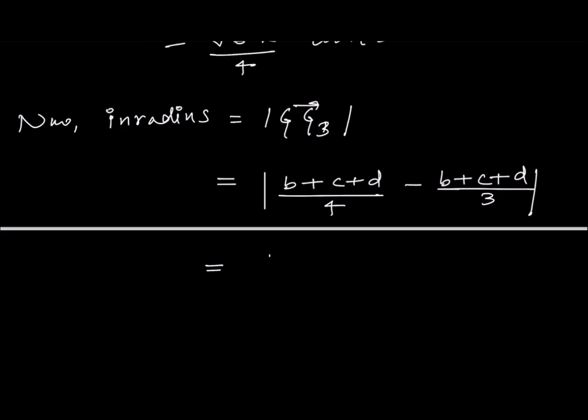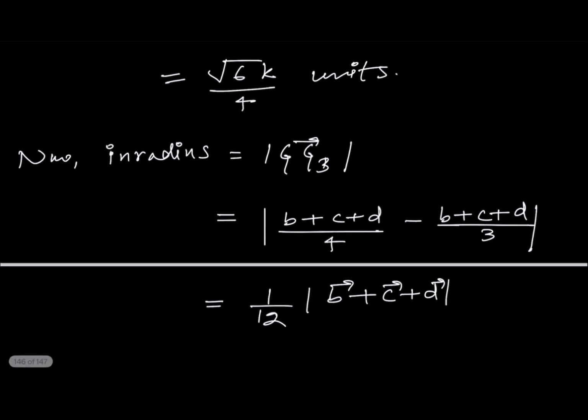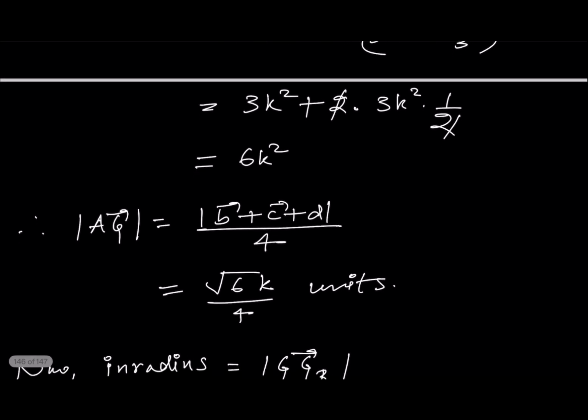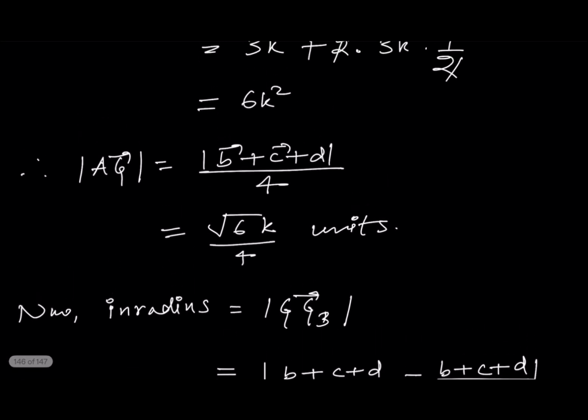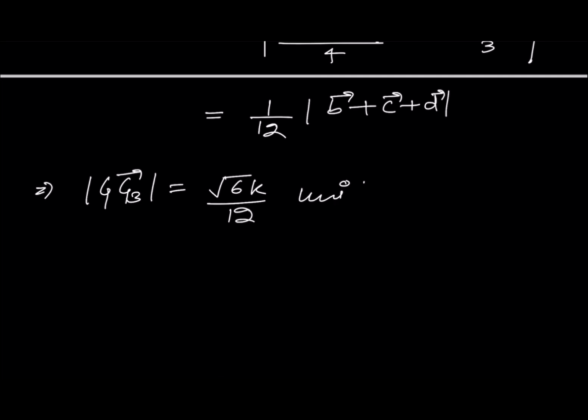By taking LCM, this will become 1 by 12 times mod of B plus C plus D. And we know very well modulus of B plus C plus D in previous case is root 6K. So mod of GG3 is root 6K by 12 units.